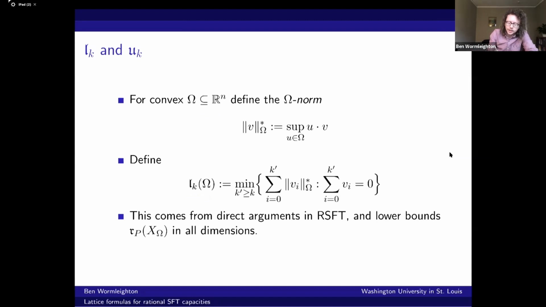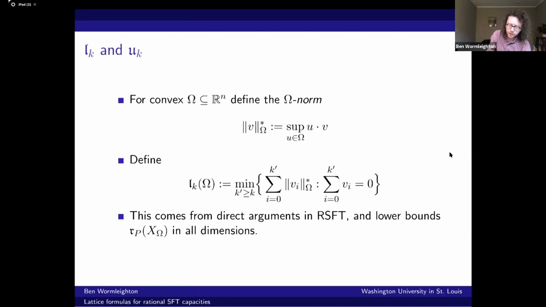L_k of Omega is the minimum over relations where you have at least k plus 1 vectors, of the sum of the Omega norms of the vectors appearing. So you have some list of vectors, at least k plus 1 of them, they add up to 0, you take the sum of the Omega norms of the v_i, and you minimize that quantity, and that's L_k.